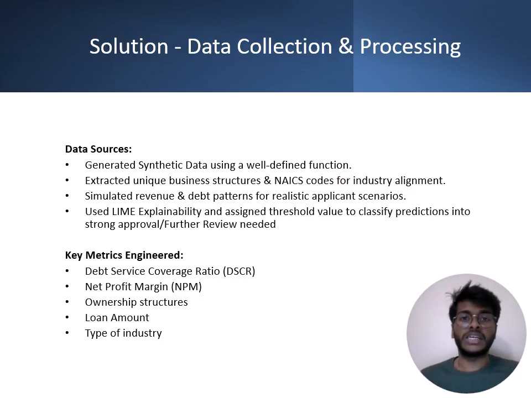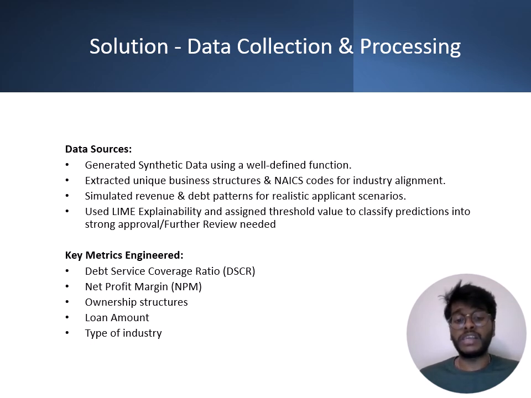Coming to the solution strategy, what data are we using? Parlay has provided us 50 applicants' data, which has 46 columns, where one column is our target, which is the eligibility column, and we have written a Python function which generates synthetic data.